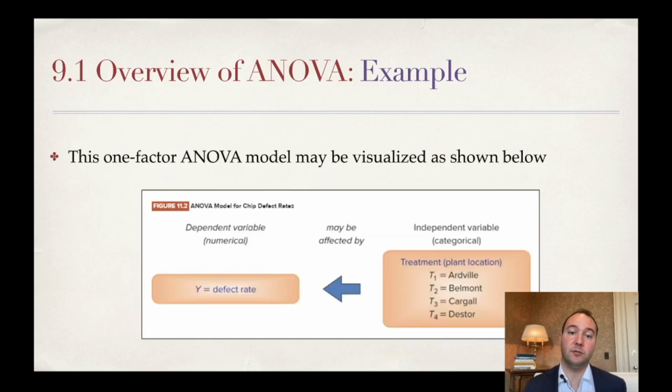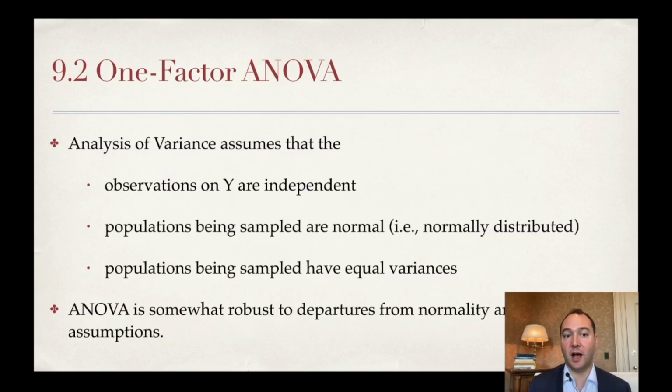Here is another visualization of that relationship. Y, what we're measuring, is the defect rate of computer chips, and it is affected by the independent variable, the category, which location is our plant. ANOVA assumes that observations on Y are independent, populations being sampled are normal, and populations being sampled have equal variances.